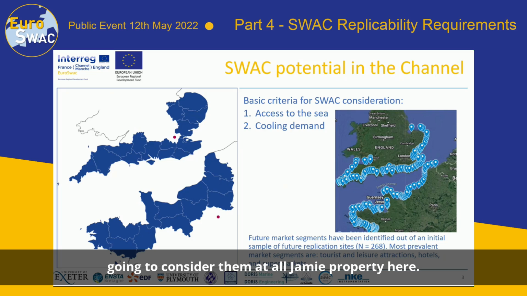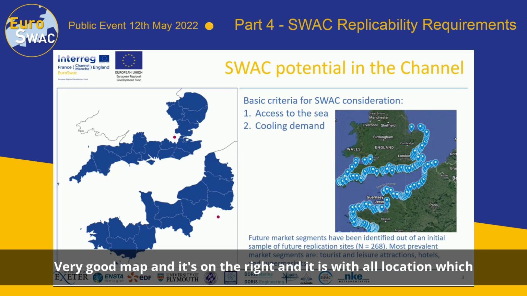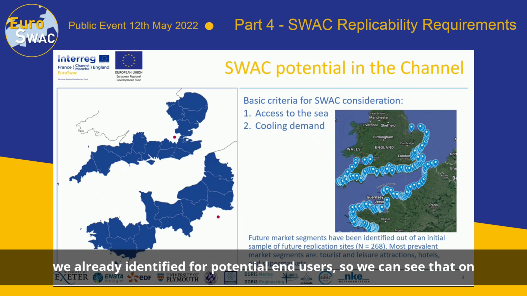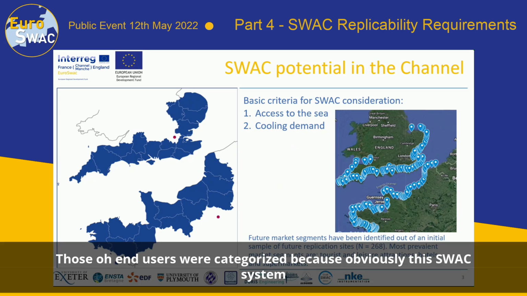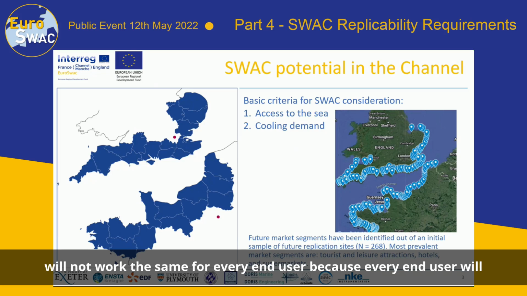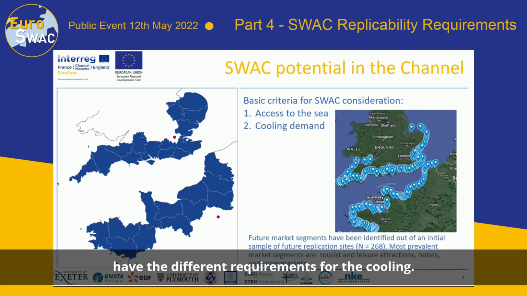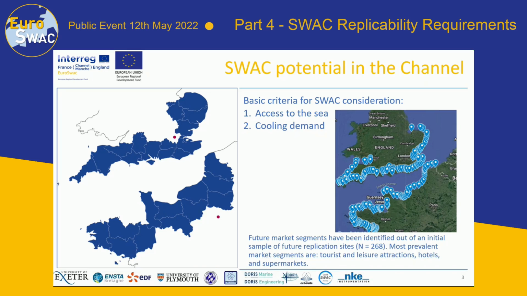Jamie prepared here a very good map, and it's on the right, and it is with all locations which we already identified for potential end users. So we can see that on all eligible areas, we have quite good density of potential end users. Those end users were categorized because obviously the SWAC system will not work the same for every end user, because every end user will have different requirements for the cooling.